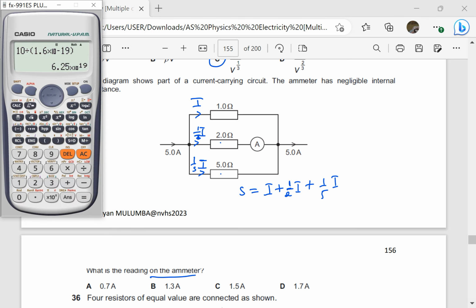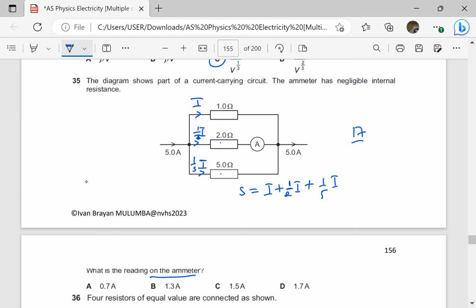So we shall just add these: 1 plus a half, which is 0.5, plus 1 over 5, which is 0.2. That is 17 over 10 I. So 17 over 10 I is equal to 5.